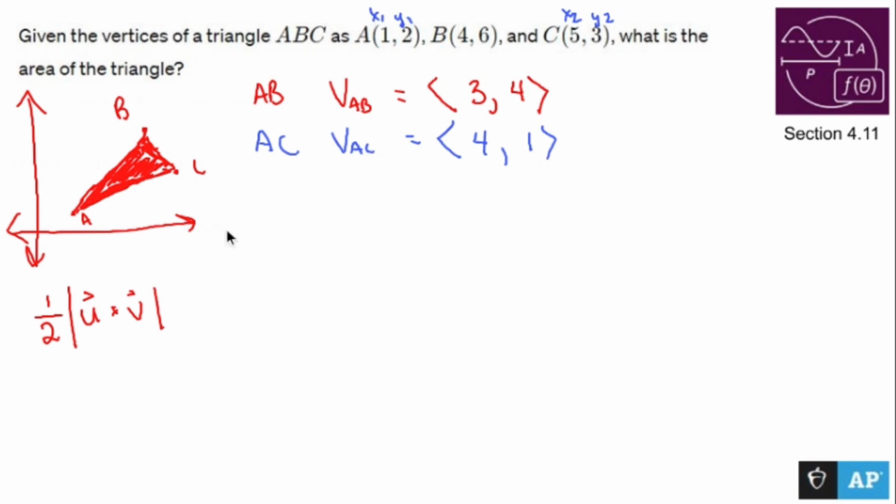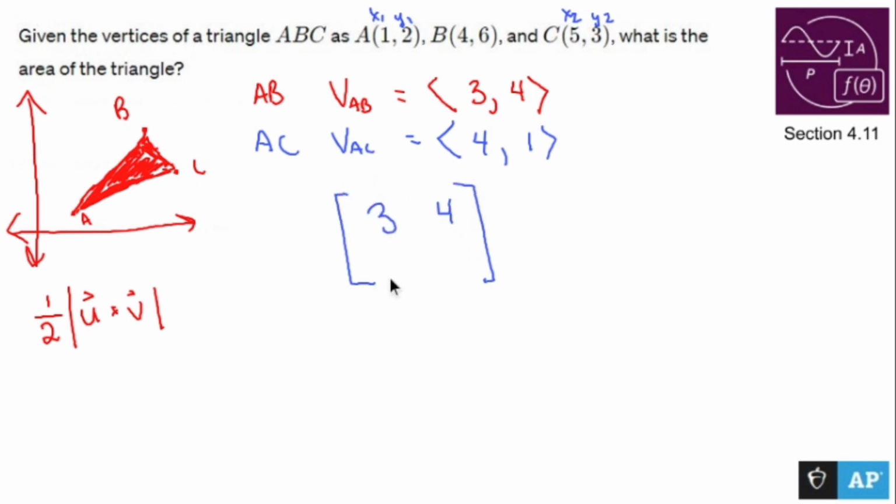Now the way I do cross products is I'm basically going to do what's, in a sense, a matrix. So let me write it out as a matrix, because why not? I have my one vector, which is going to be 3, 4.